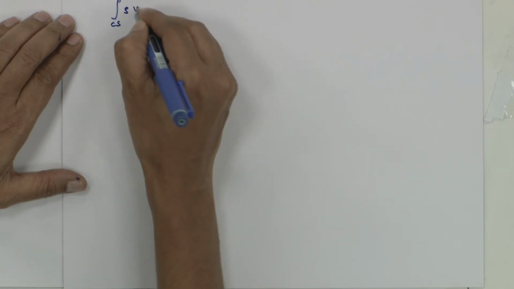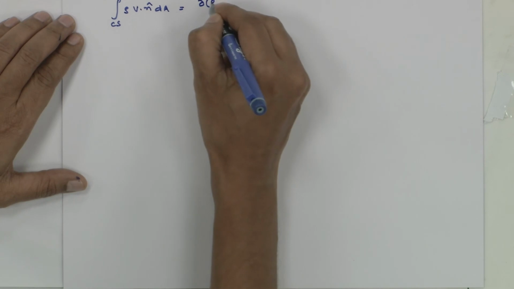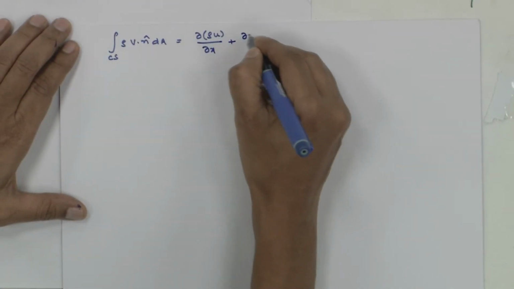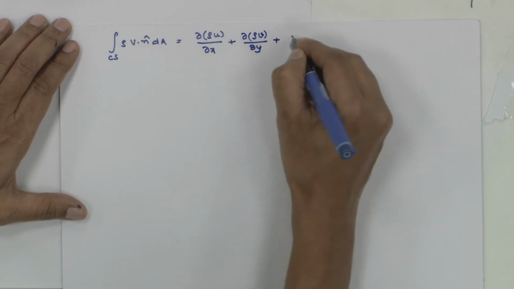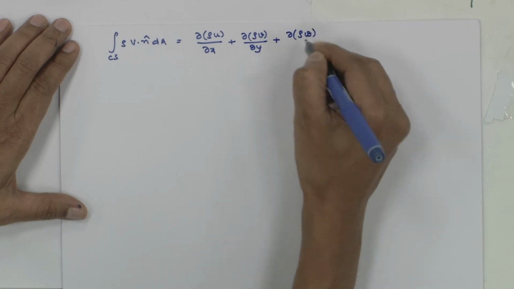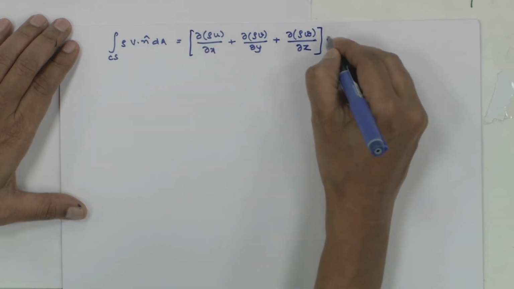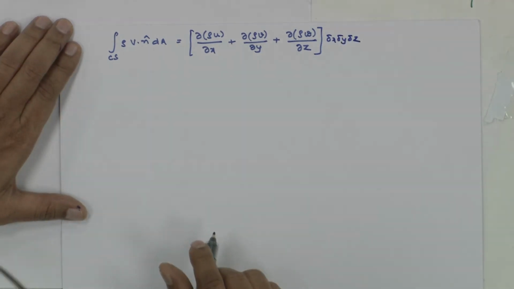I am left with the integral of rho v dot n dA equal to del of rho u by del x plus del of rho v by del y plus del of rho w by del z, and please notice that I have taken delta x, delta y, delta z common.